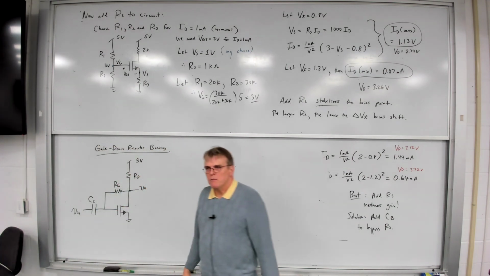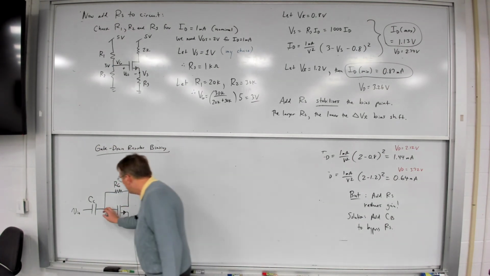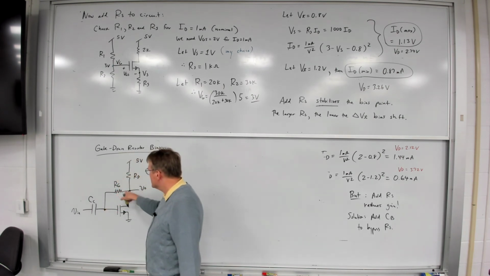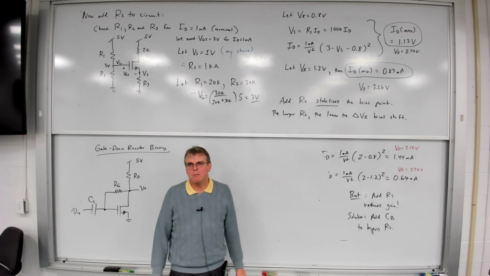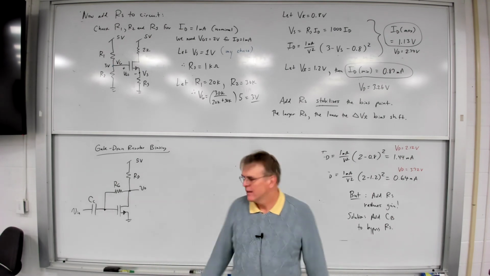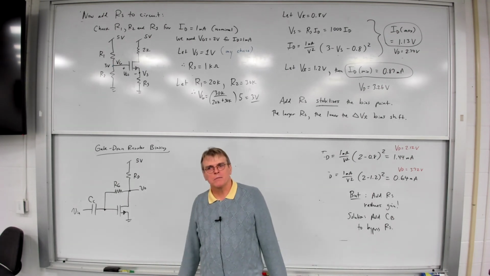So in gate-drain resistor biasing, we connect a resistor between the drain and the gate, and then feed our input source through a coupling capacitor and connect that directly to the gate. Notice there's no source resistor here at all.